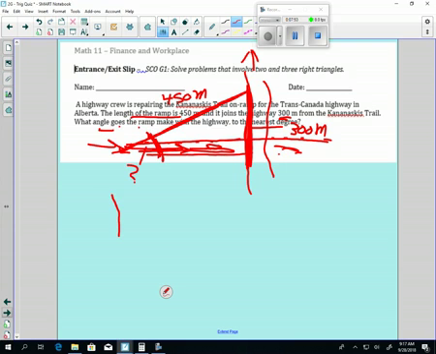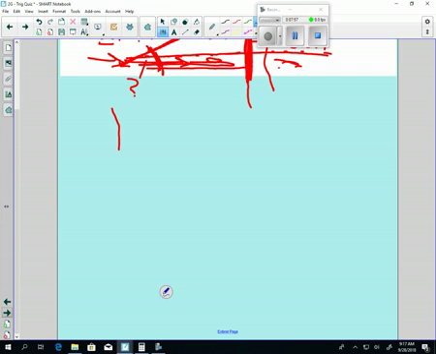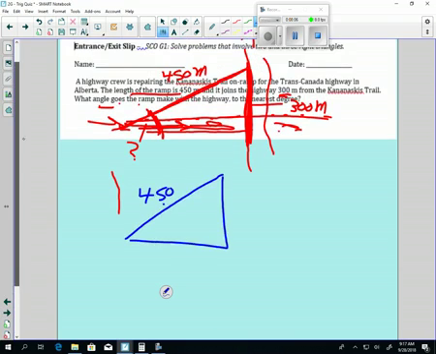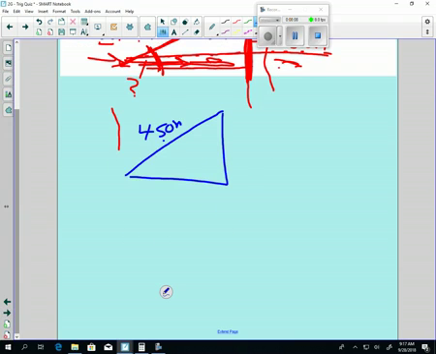So I'm just going to redraw that. There's our ramp, 450 meters. Distance here was 300 meters. Our right angle is right there. Here, they want to know what is that angle. So now we have to label it and find out which trig ratio we use. There's the reference angle.